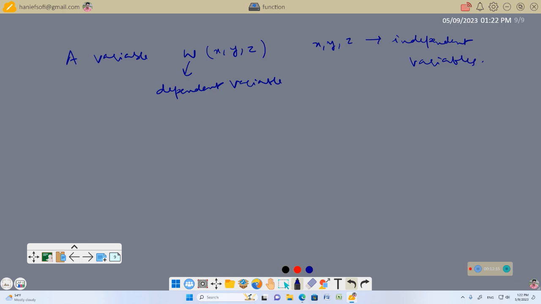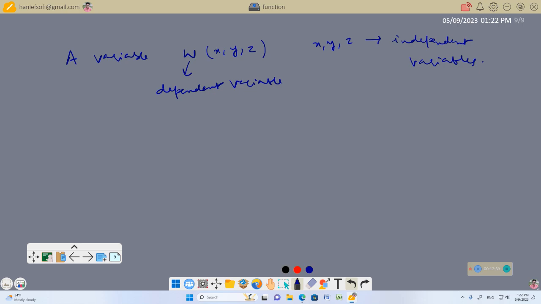Now, if for each value of the variables x, y, z, there corresponds exactly one value of w, right? So we say that w is a function of x, y, and z.